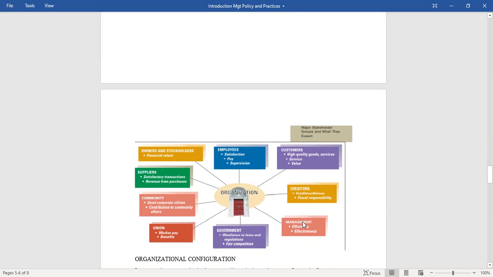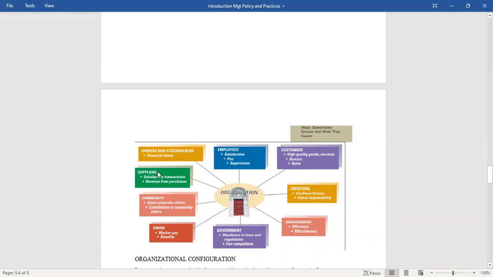Then the management itself, which wants the effectiveness but not at the cost of efficiency. Then the government, which wants compliance to its rules. Then the workers unions, because they want maximum benefit for the workers. The community, the local community on the whole, is expecting corporate social responsibility.